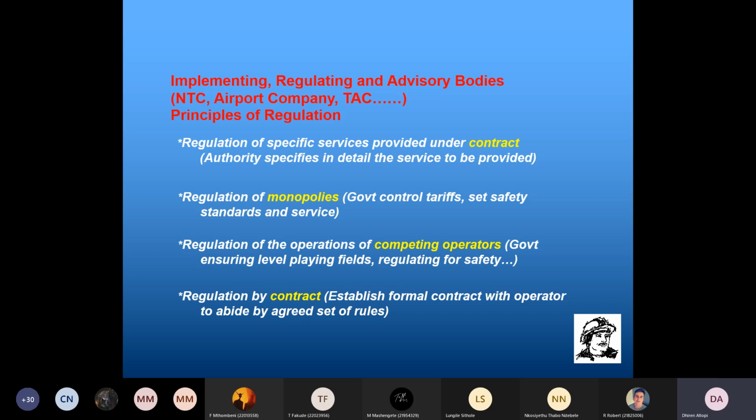And these provide the necessary services via various means, and it could be provided under contract. So again, if you look at your notes, specifically page 8, you can see the highest form of regulation is under contract.